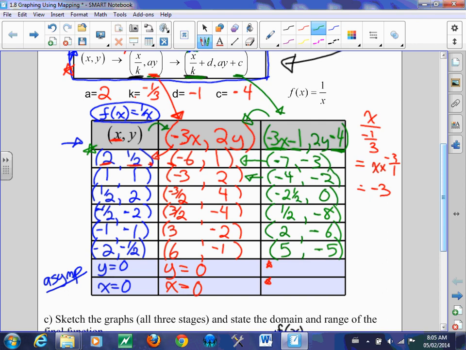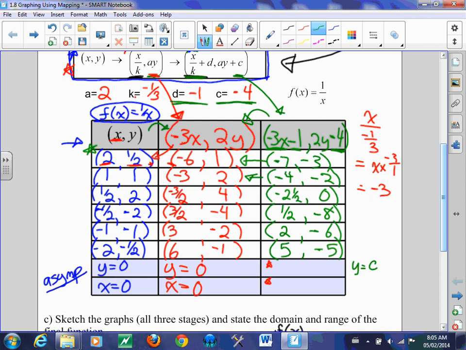What we want to make sure we realize, ladies and gentlemen, is that when we do our translations, either our D's or our C's, that affects the asymptote, because that shifts everything left, right, up, or down. So if we take a look at our y equals 0 asymptote, that's affected by C, because y equals C in this case.